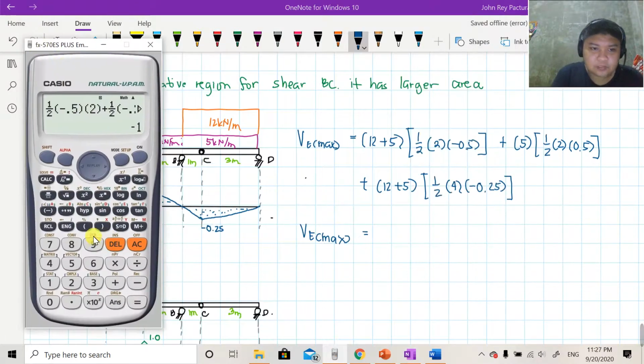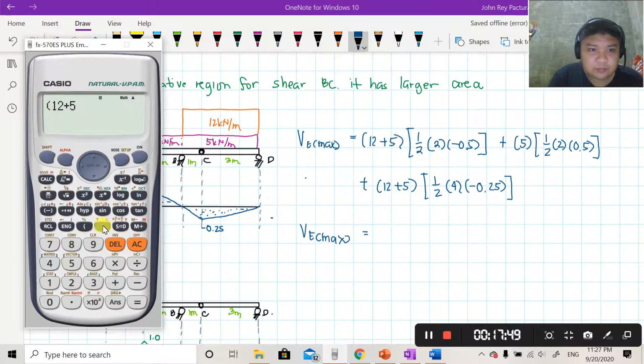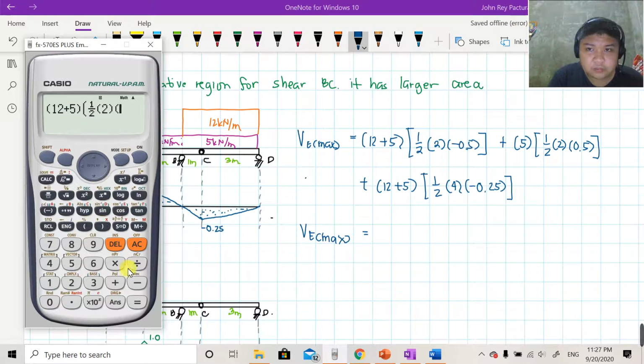Therefore, 12 plus 5, then 1/2 ng 2 times negative 0.5, plus 5 lang, 1/2 times 2 times 0.5, plus 12 plus 5 ulit, then this time 1/2 ng 4 and again negative 0.25.